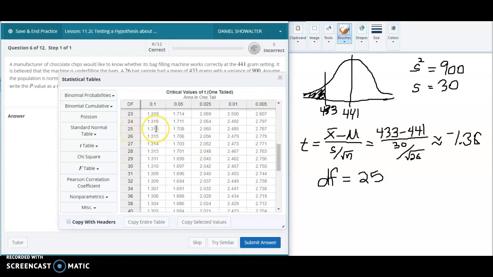So the tricky part here is that negative 1.36 is somewhere in between these two values, right? And we're talking about the area in the tail, so that's why they don't have a negative. Just think of 1.36. But 1.36 at 25 degrees of freedom is somewhere in between these. So we know our p-value is somewhere between 0.05 and 0.1.